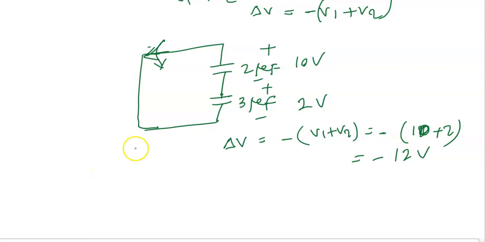So this is C1 and this is C2, so VC1 and VC2.